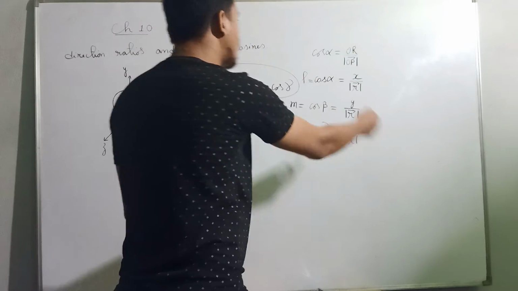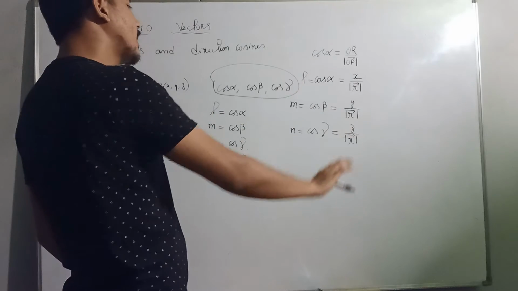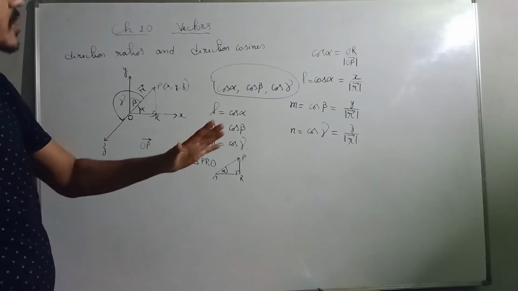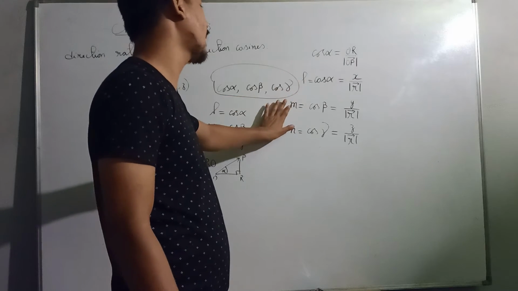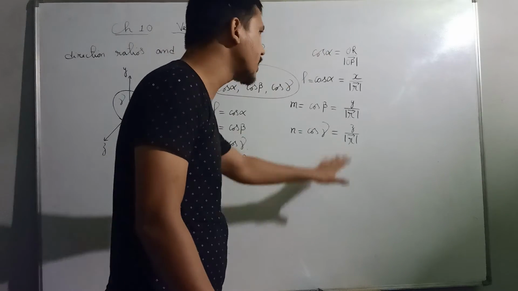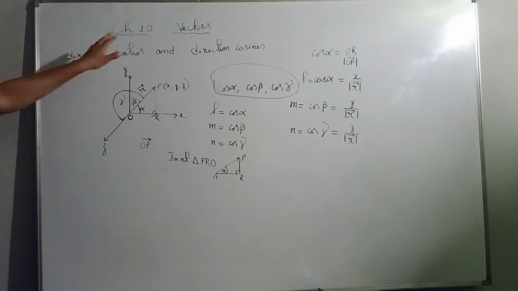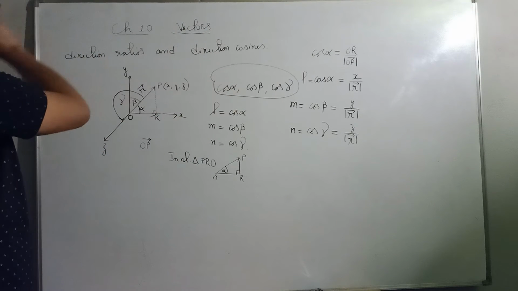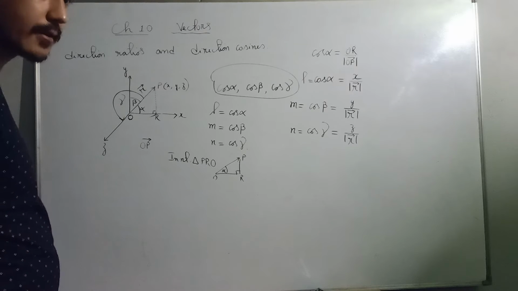Direction ratios means three numbers, three scalars A, B, and C, proportional to L, M, and N. Those three scalars are known as your direction ratios. In this case, x, y, and z are known as your direction ratios. Is it okay? Any confusion here?